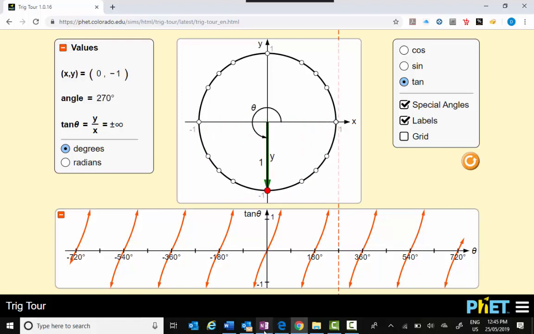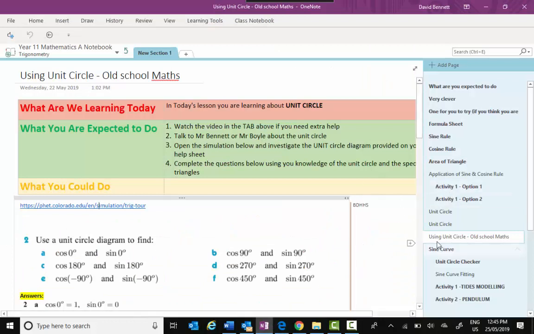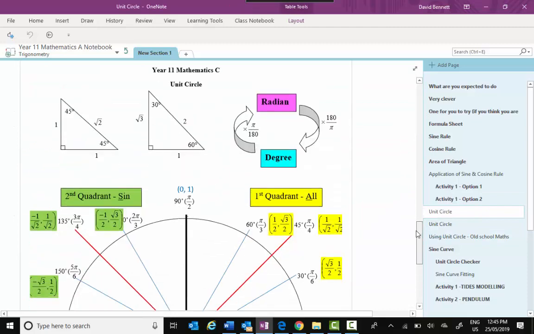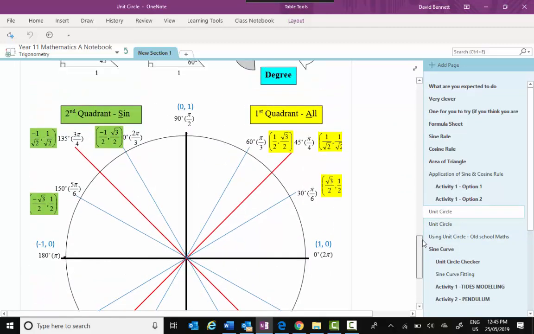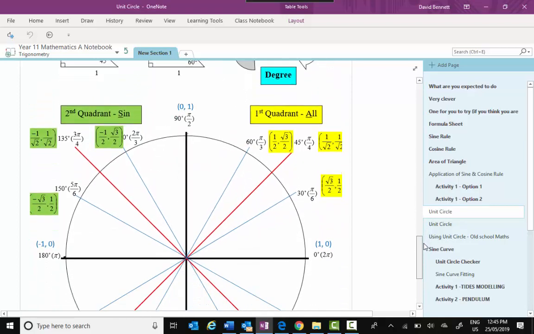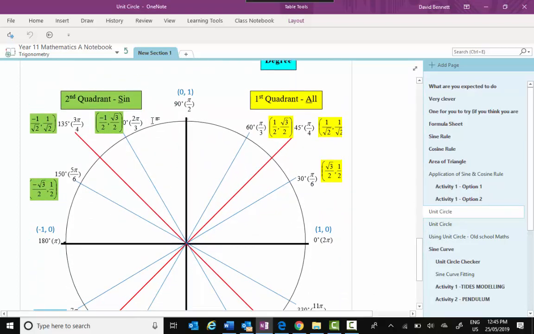Now, come to your formula sheet. We've got your unit circle now. On your formula sheet, you have this graph, and you can actually use this in your exam. This is going to be really useful. What this shows is the only trig ratio that's positive in the second quadrant is sine.